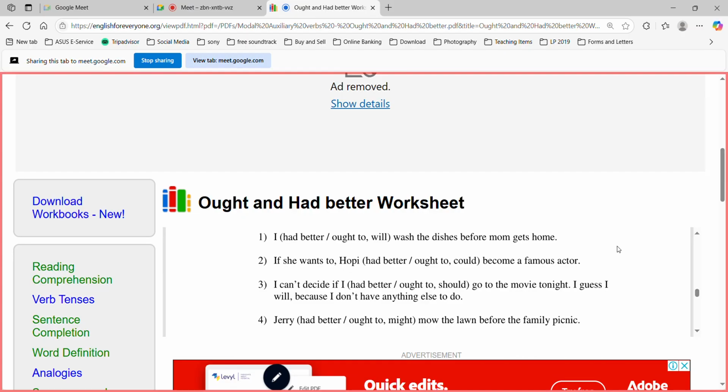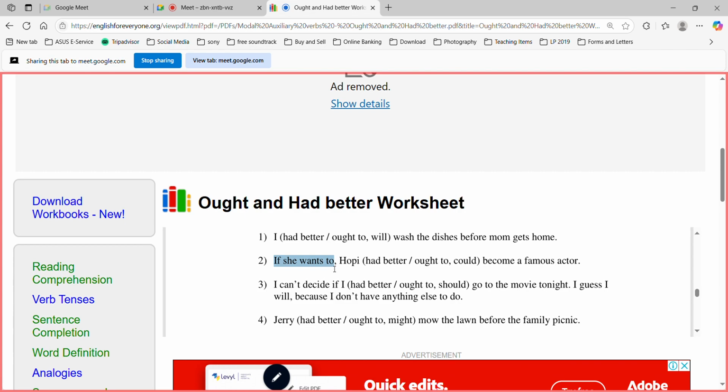So what is the indicator for number two? If she wants to. Like I said earlier, if she insists to become a doctor, she will be a doctor. Like the previous example, I ought to become a doctor because my father was a doctor.